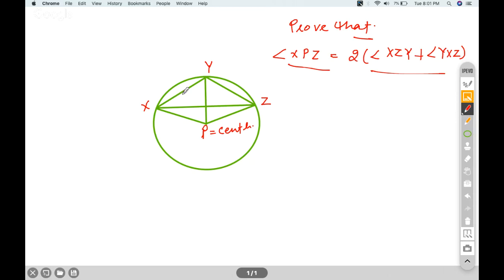This question is so easy. Just look at the arcs properly and utilize the fundamental that the angle formed by any chord on the circle is half of the angle formed by it on the center. That's what you have to use. I'm giving you a hint. This is very easy.